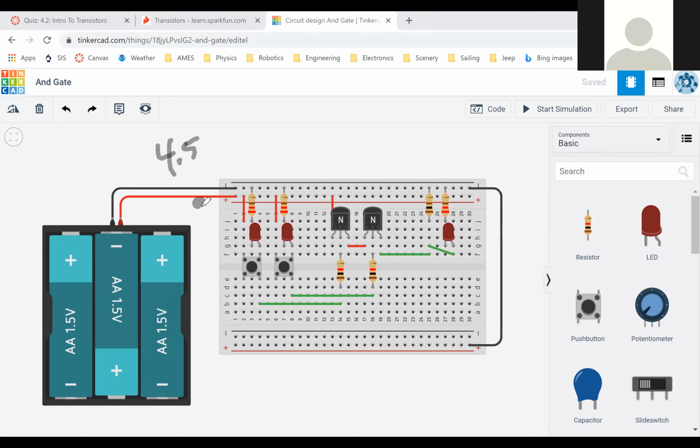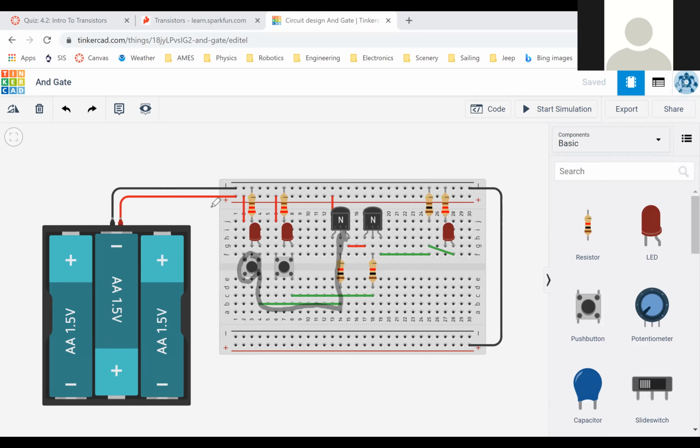I've got 2 switches here. When I push this switch, the light right here comes on just to verify that it's been pushed. But the important thing is that when I push this switch, the electricity flows through here, comes through this resistor to the input of that transistor there.